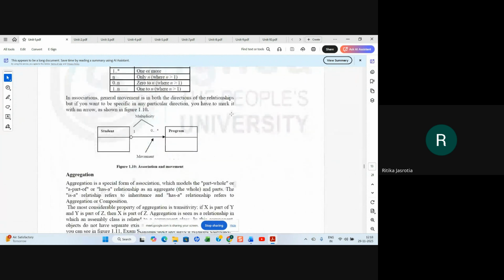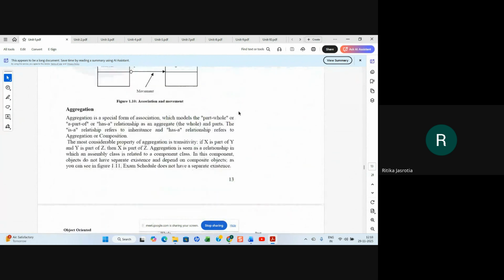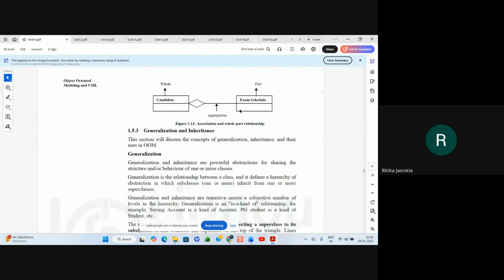Here they are saying association may be binary, ternary, or of higher order. Aggregation is one kind of association. Composition is also there.